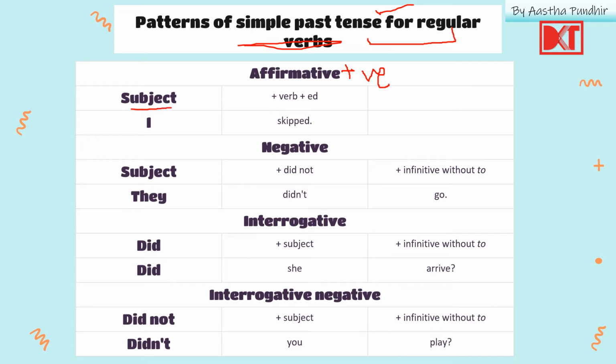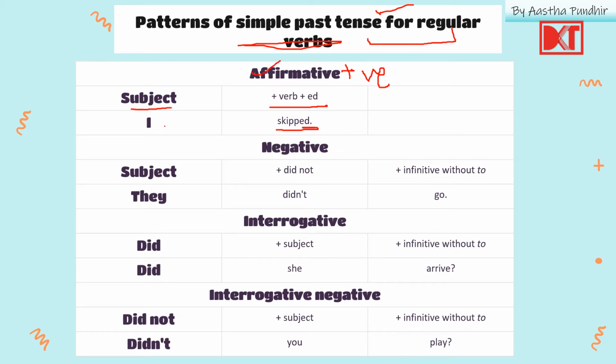The subject plus the verb and ed. जैसे the verb is skip, so the subject I and skip and ed, skipped. Similarly he skipped, she skipped, they skipped, you skipped, we skipped. All right. So this is for the positive.